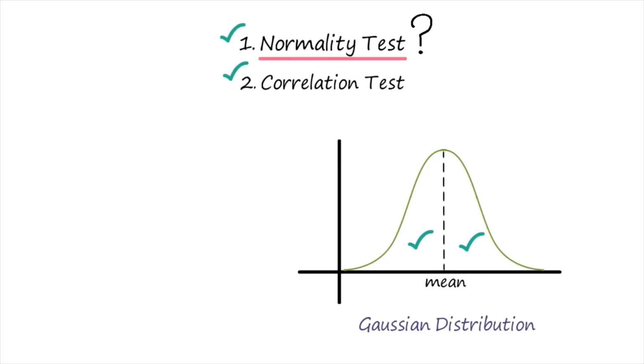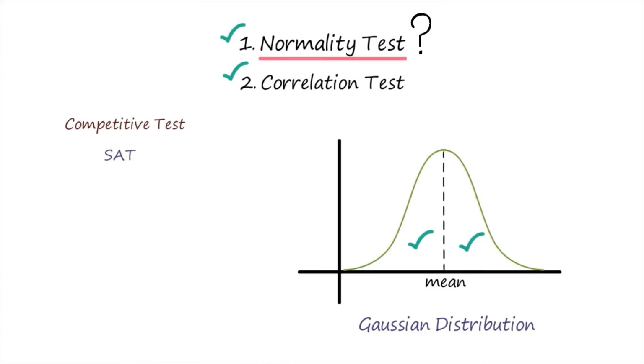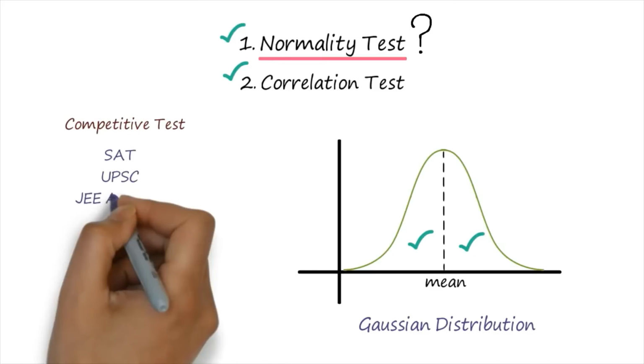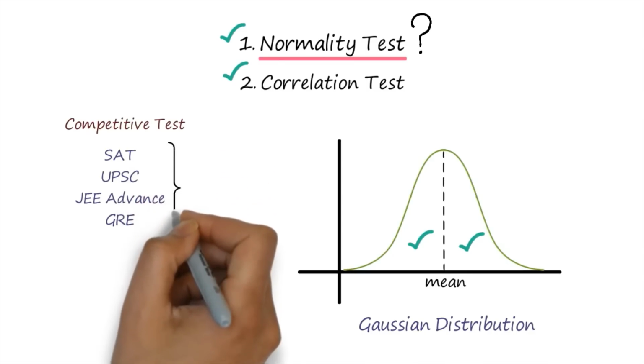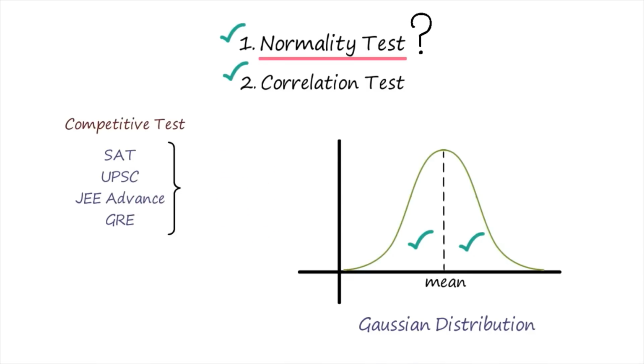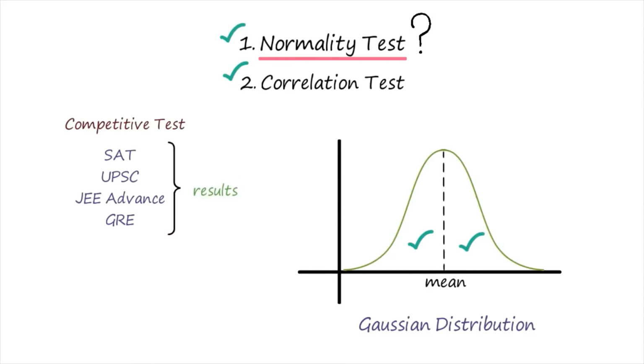Just take one example. Consider a competitive test like SAT, UPSC, JEE Advanced, or GRE. Say these are competitive exams, right? Here the normal distribution indicates what? Whenever we are talking about these examinations, we have to talk about the results. My question is whether the result data is normally distributed or not. How can we analyze this?